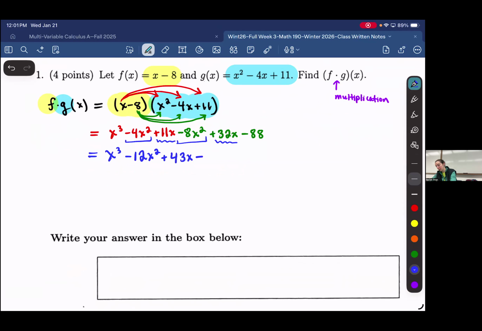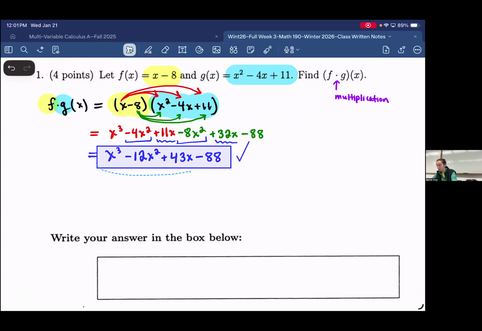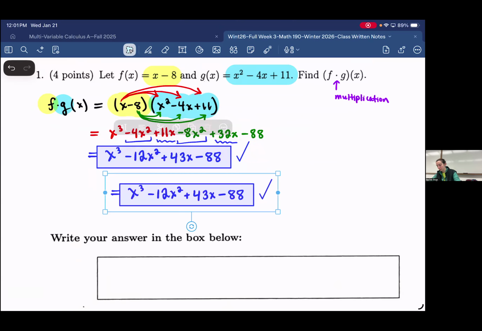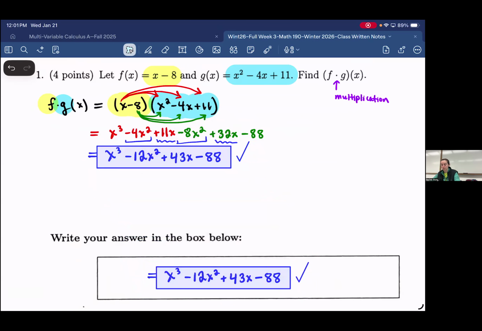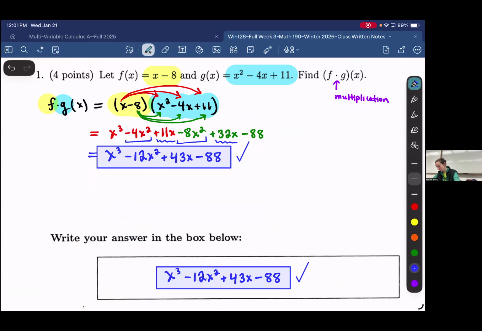And then we have minus 88. So what we have boxed is our final result in simplified form. Good. Right, let's move on.